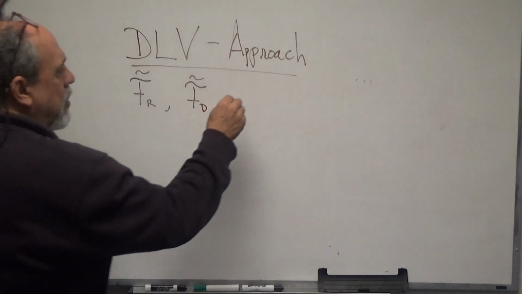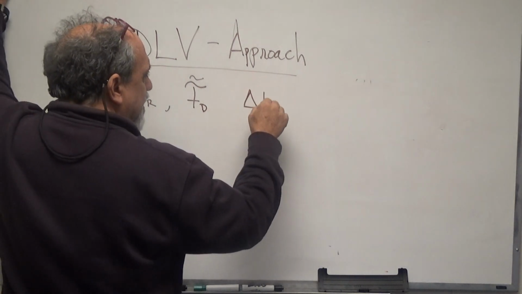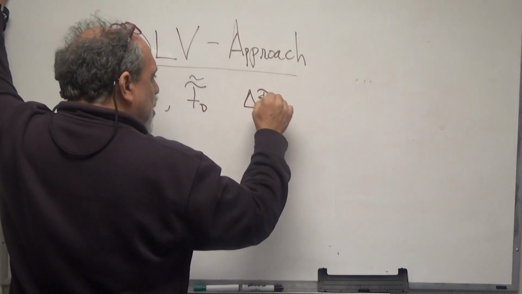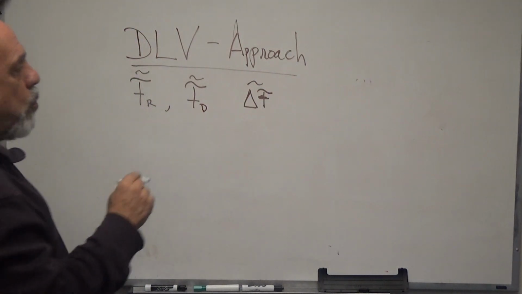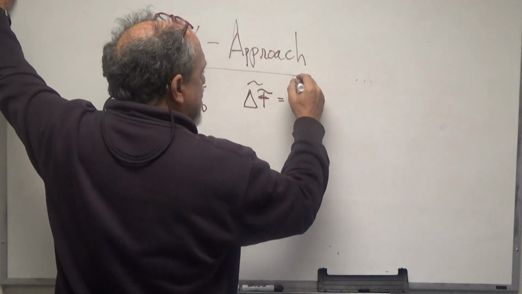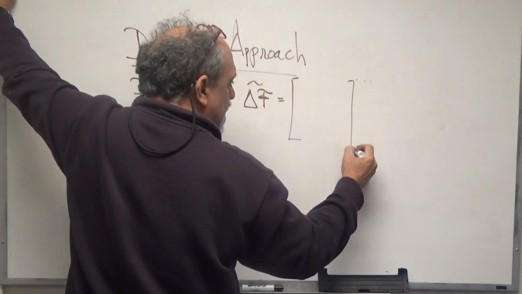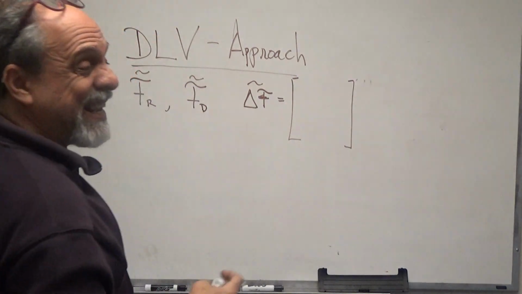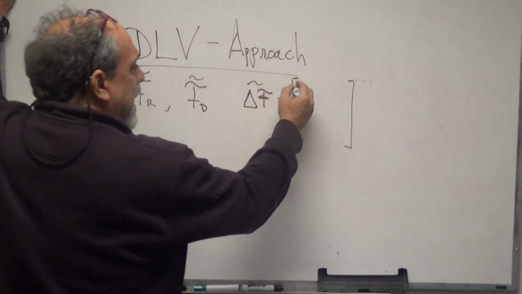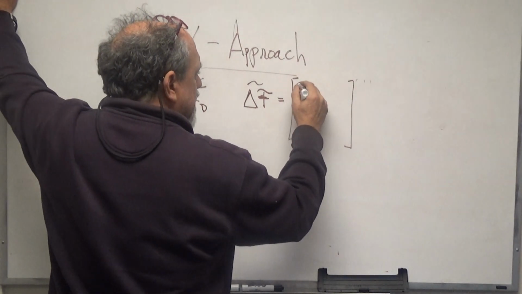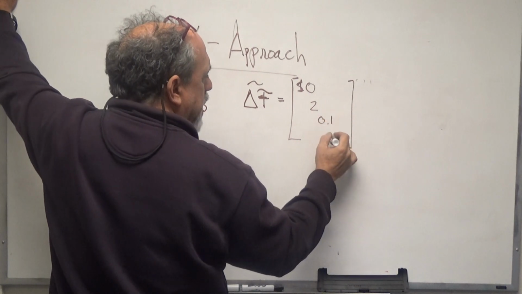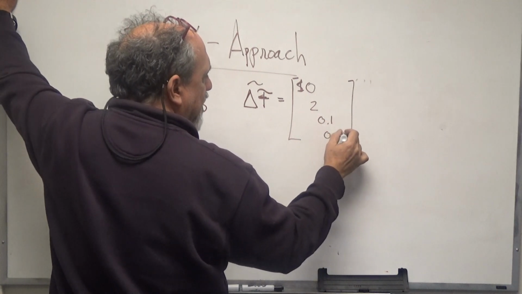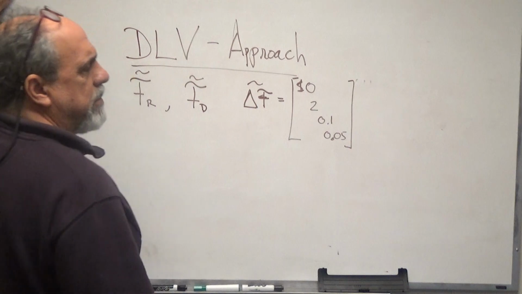So when you calculate the change in F, what you get is not the exact change in F, but something distorted, right? So when you do the singular value decomposition of the change in F, you will never get exactly zeros. So you may get something like this, 10, 2, 0.1, 0.05, let's say, just making things up.